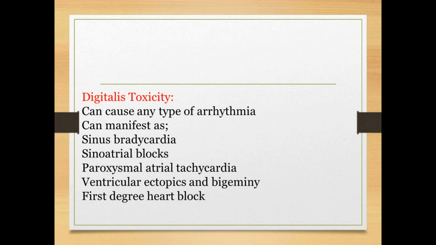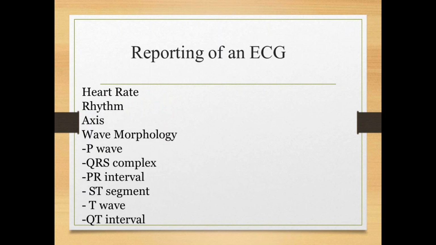Patients who are taking digoxin and there is a toxicity, all these arrhythmias can be there. Now, when you're reporting an ECG, you must always look at the heart rate, calculate the heart rate from the ECG. Formulas have been told.